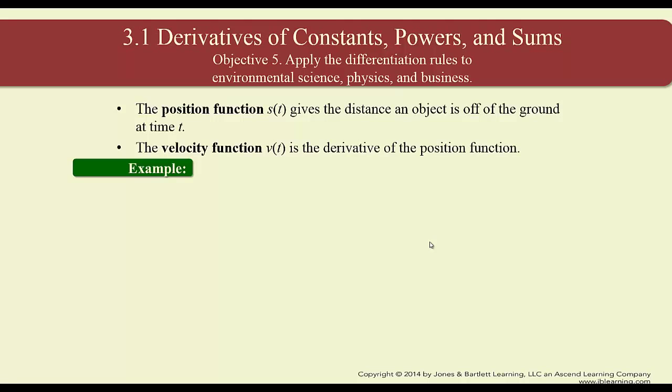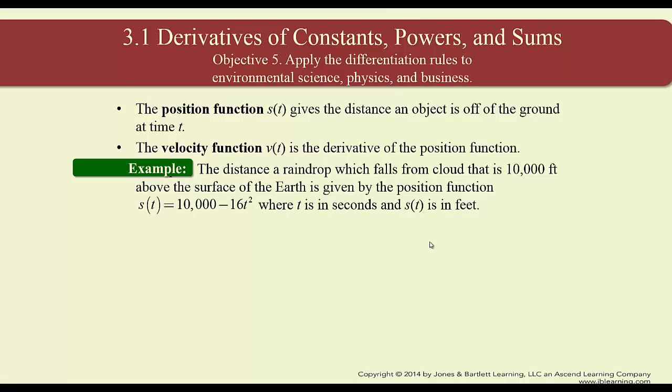So let's look at this example. The distance of a raindrop which falls from a cloud that is 10,000 feet above the surface of the earth. So you got this cloud that's 10,000 feet above the surface of the earth, and a raindrop is falling from this cloud. Its distance is given by the position function S of t equals 10,000 minus 16t squared.